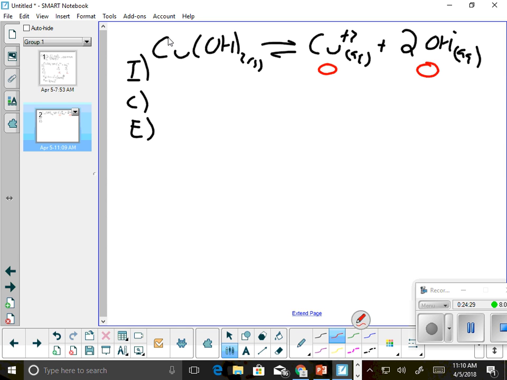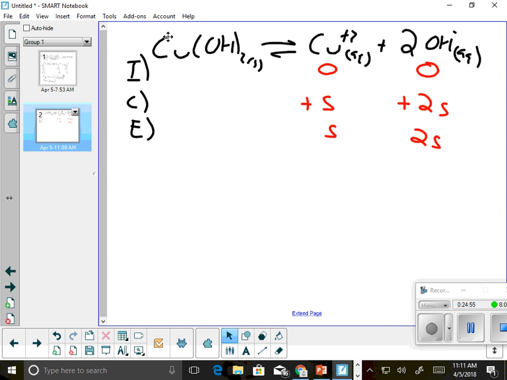But at some point, when I start adding, I'm going to be gaining those ions. I will gain an amount, again, to stay consistent with the textbook, I'll call it S of the copper ions. What do I put down for the gain for the hydroxide? 2S. Take into account that coefficient, which means at equilibrium, I'm going to have S and 2S.